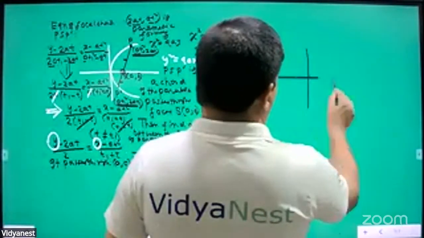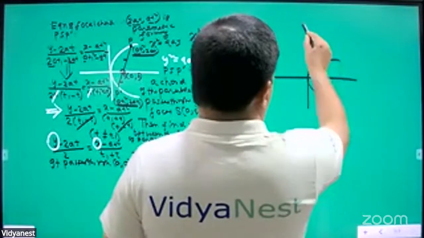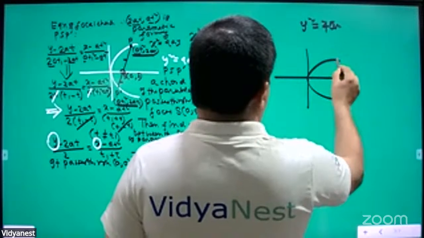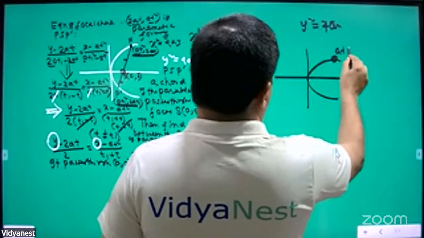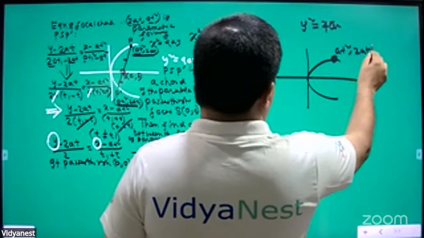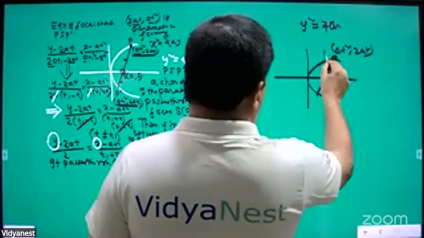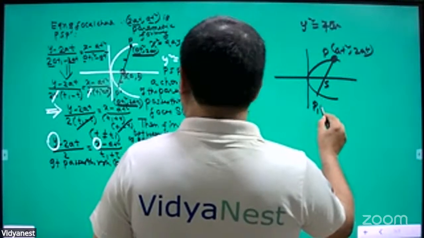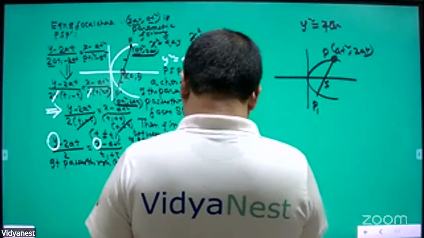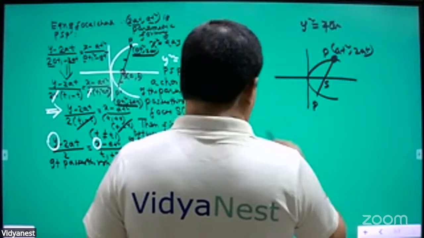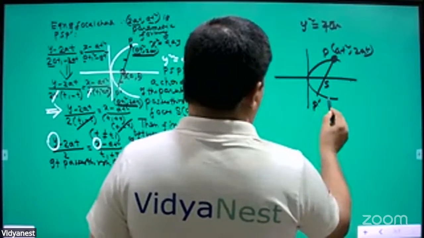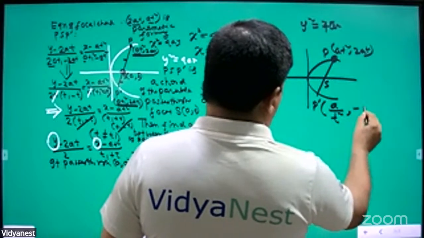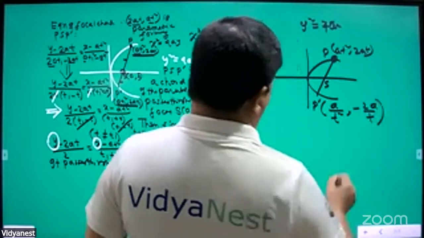So if you get a parabola like this, if the equation is y square is equal to 4ax, if one point is (at square, 2at), and if it is a focal chord, then the other extremity will be (a by t square, minus 2a by t).